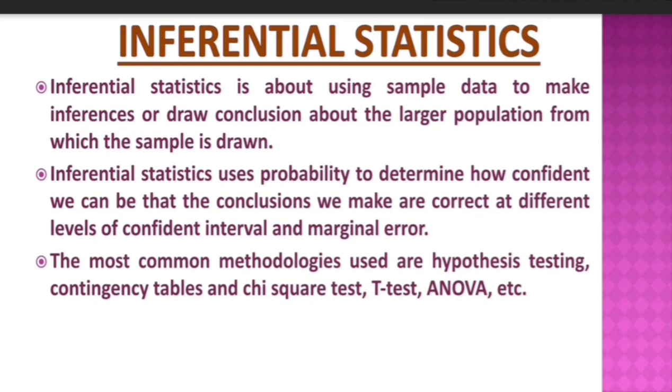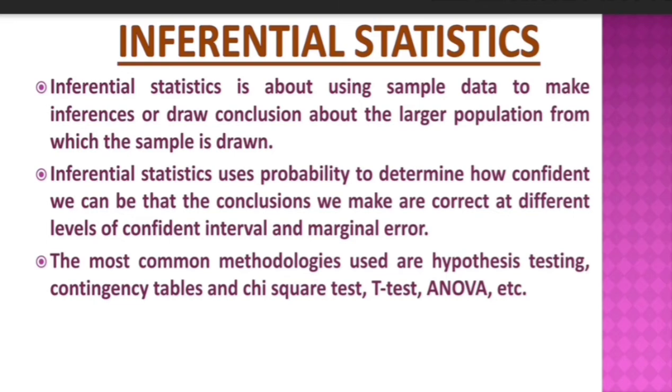Here two confidence levels are more frequently used, that is the 0.05 level and the 0.01 level. At the 0.05 level we are 95% correct and 5% wrong.